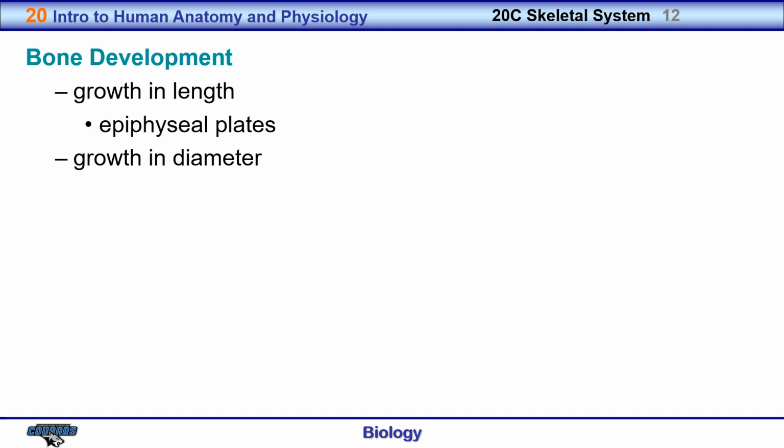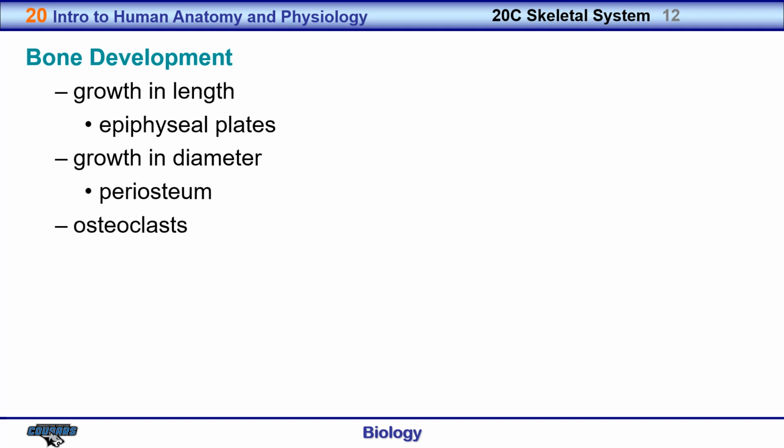It will also grow in diameter, and the periosteum is responsible for that. Remember, that's kind of like the outside, the skin of the bone, and that's where the muscles are attached, but the periosteum is also responsible for creating more compact bone around the outside.